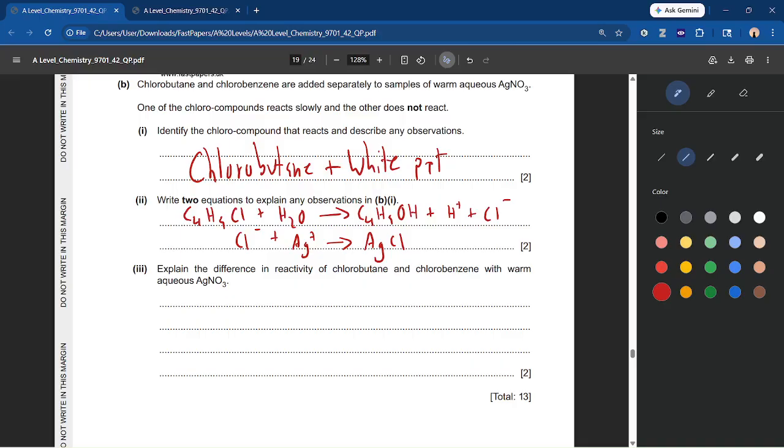Explain the difference in reactivity of chlorobutane and chlorobenzene. So because chlorine has a delocalized lone pair of electrons, it gives it a partial double bond.